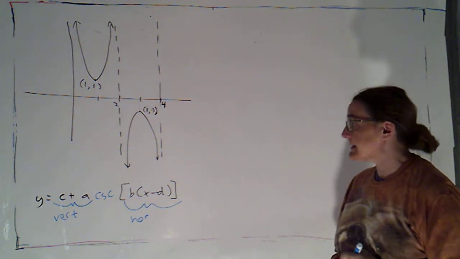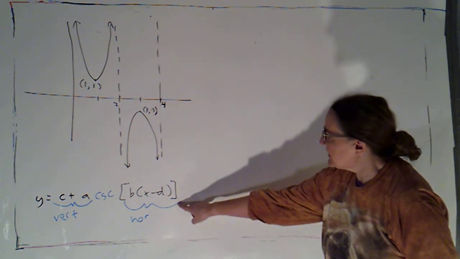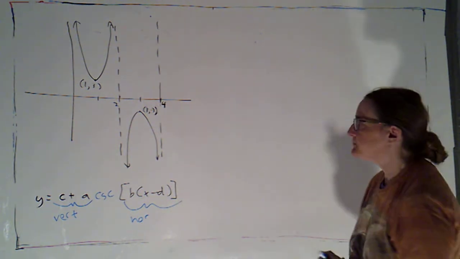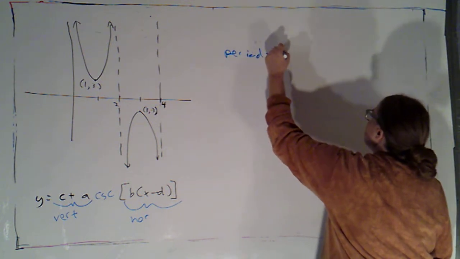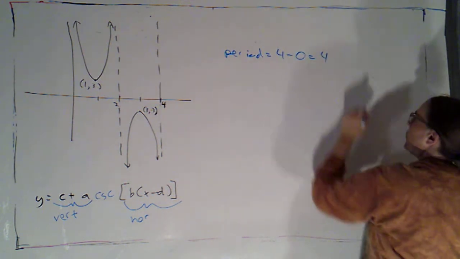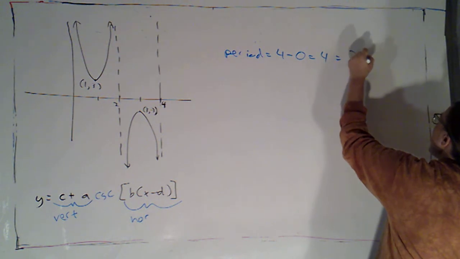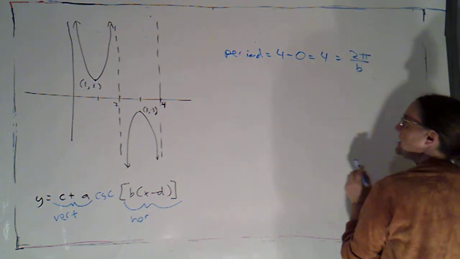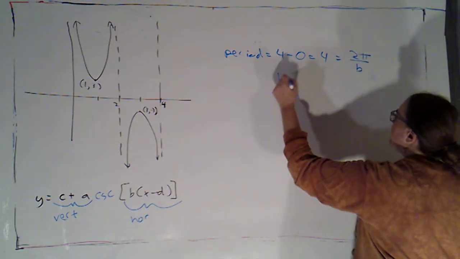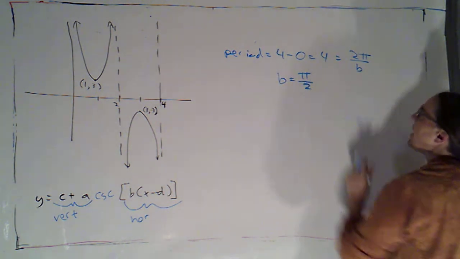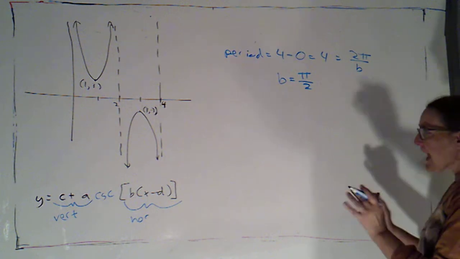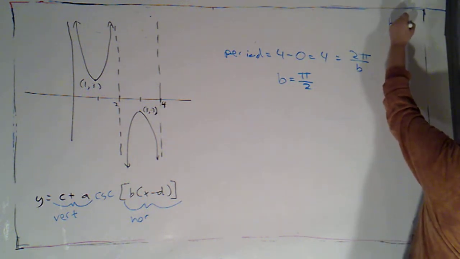So, let's take a look. If I look at my horizontal stuff, I can still see that the period is still just 4 minus 0, which is 4. And if that's 2 pi over b, then I can solve for b. And once again, I'm going to get that b was pi over 2. So that part hasn't changed.